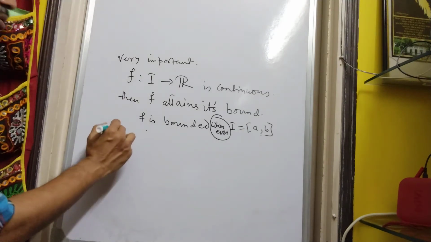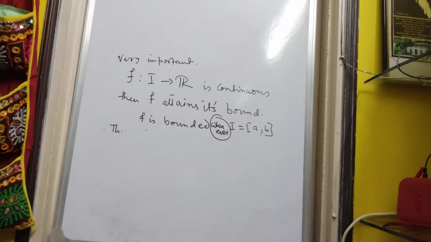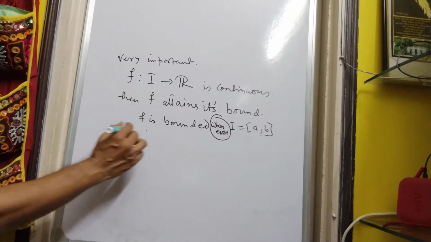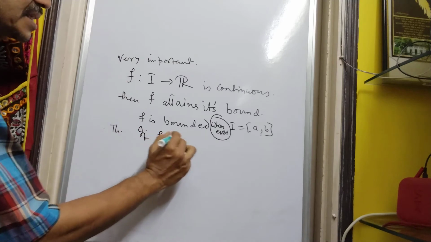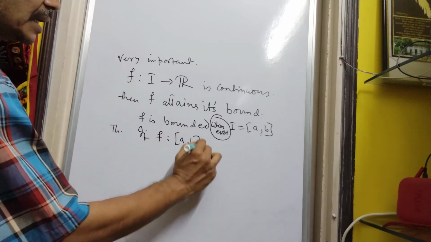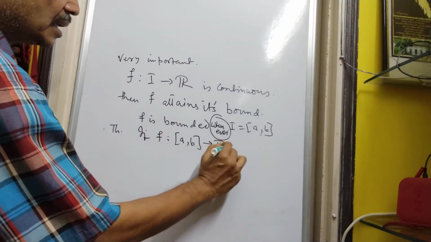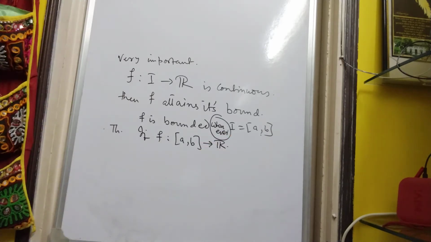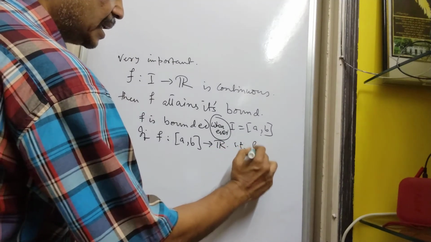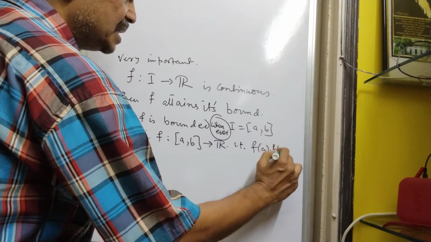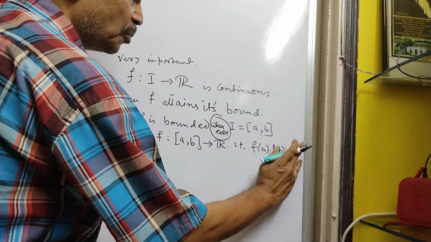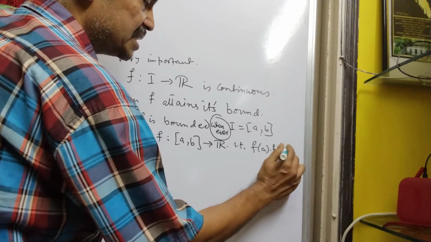We have another very important theorem which uses the nested interval property to establish that if f maps any closed and bounded interval, real valued function, such that if fa and fb are of opposite sign, that means their product is negative.